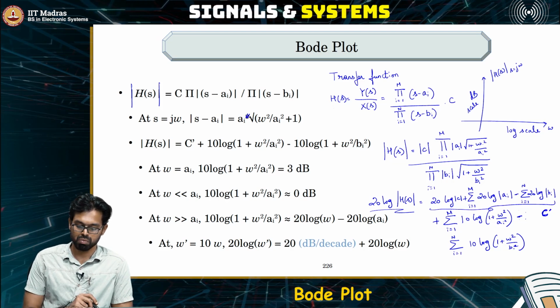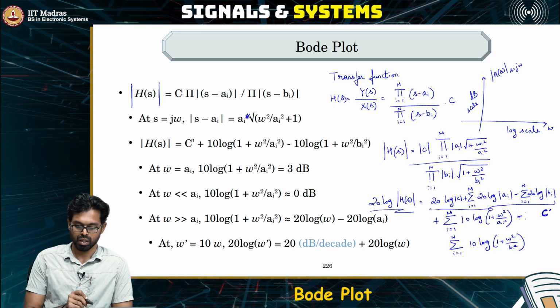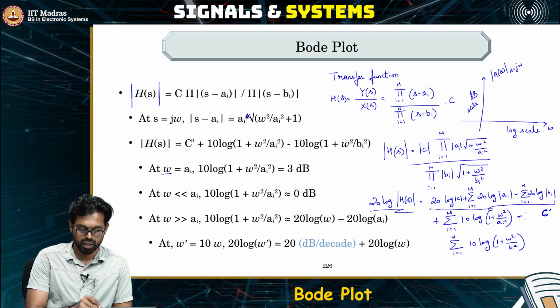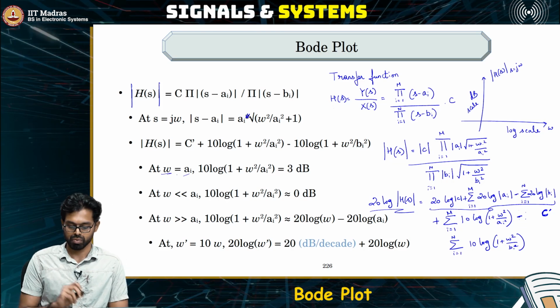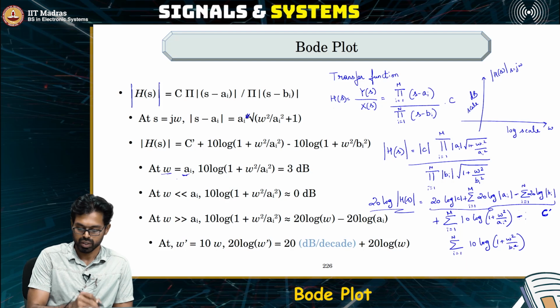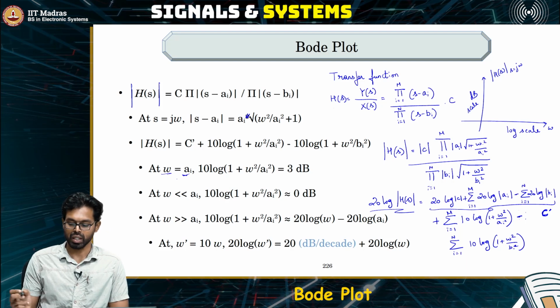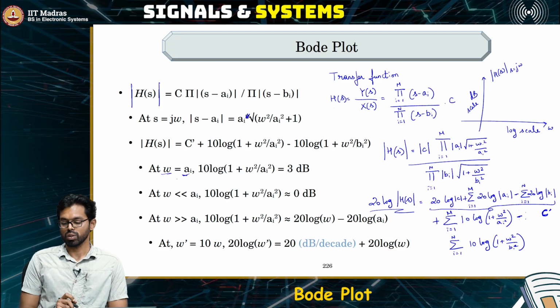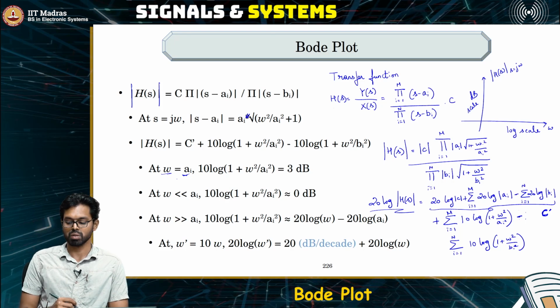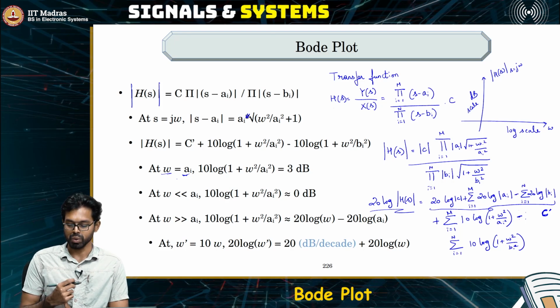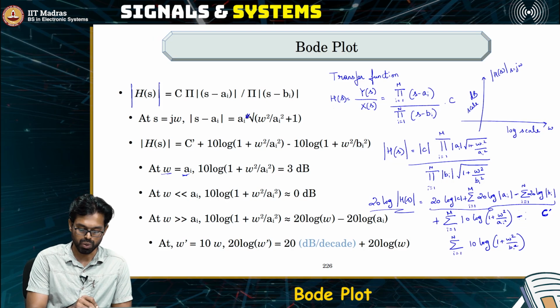Now what happens when omega is equal to one of these roots? Let us say we start with omega equal to ai. So we are trying to find the value of this transfer function's magnitude at a frequency equal to one of the zeros.